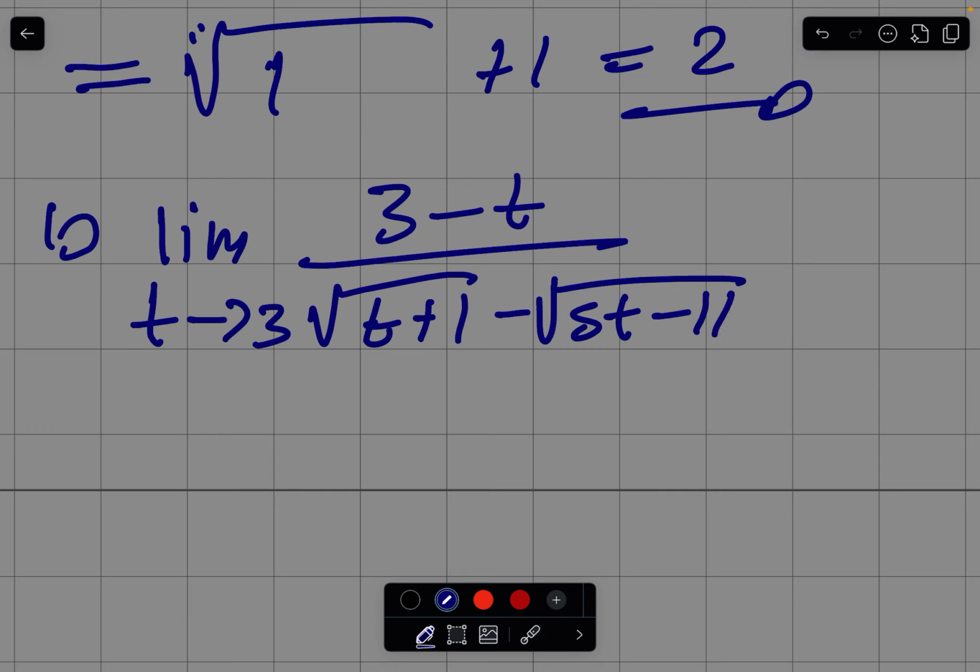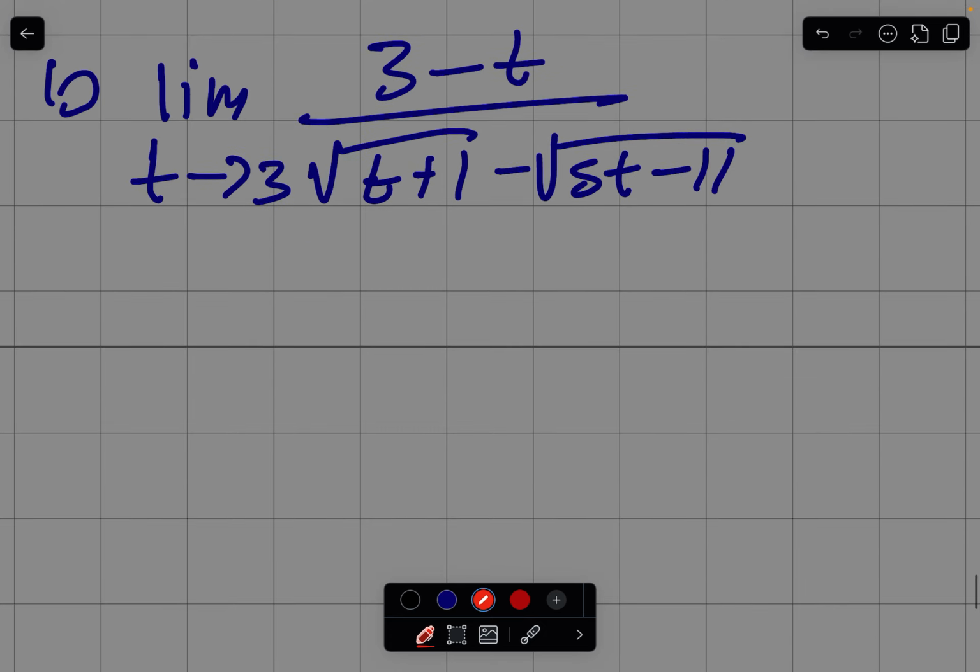So the first thing here, when you're substituting, you are going to get what? You're going to get undefined. Since we are getting undefined, t plus 1 is how much? It is 4. And then 5 times 3 is 15. 15 minus 11 is how much? Is 4. Square root of 4 minus square root of 4 is 0, which means it's going to give you undefined.